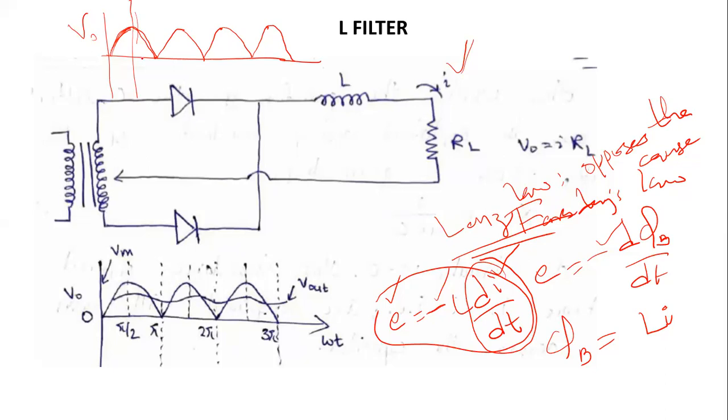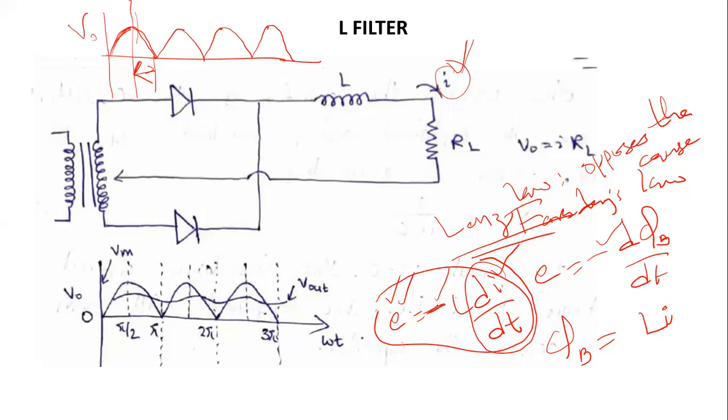And also, between this interval from here to here, you will find that the voltage drops in the output of a full wave rectifier. Therefore, correspondingly, the current also tends to fall down between this interval. As long as there is a change in current, again there will be an induced EMF. So change in current is associated with induced EMF, and the induced EMF is opposing the cause.